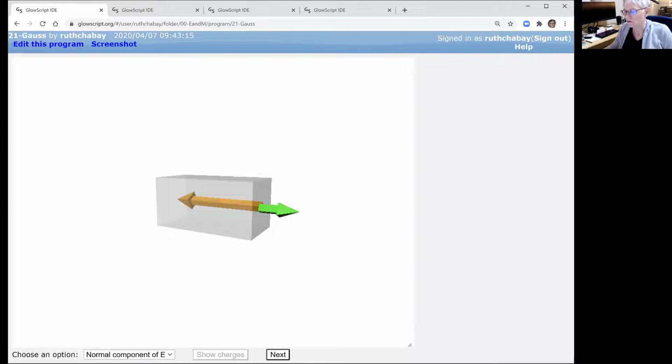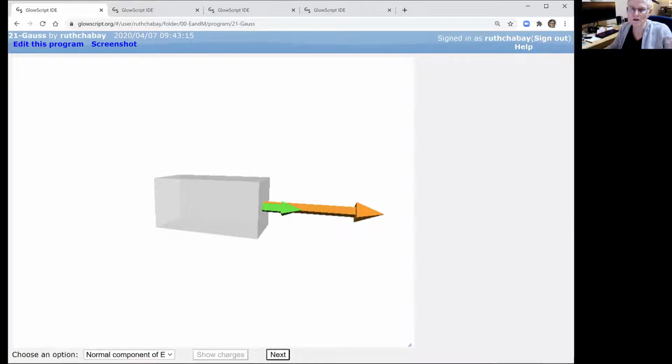So we're interested in the cosine of the angle between the electric field at this location, where we measured it, and the unit vector that we're going to call n hat, that's normal to that piece of the surface.